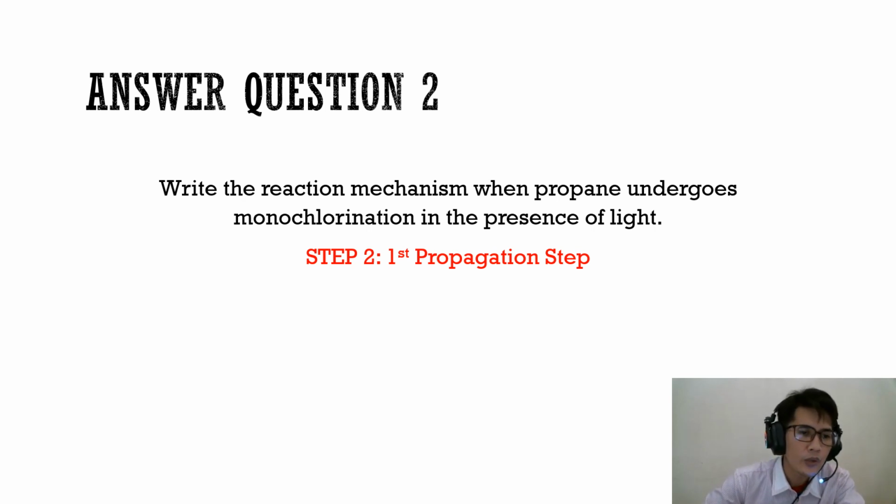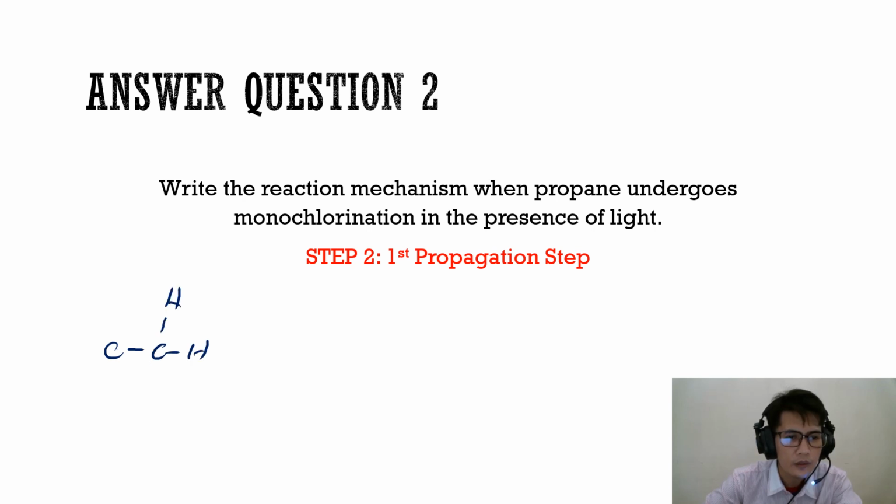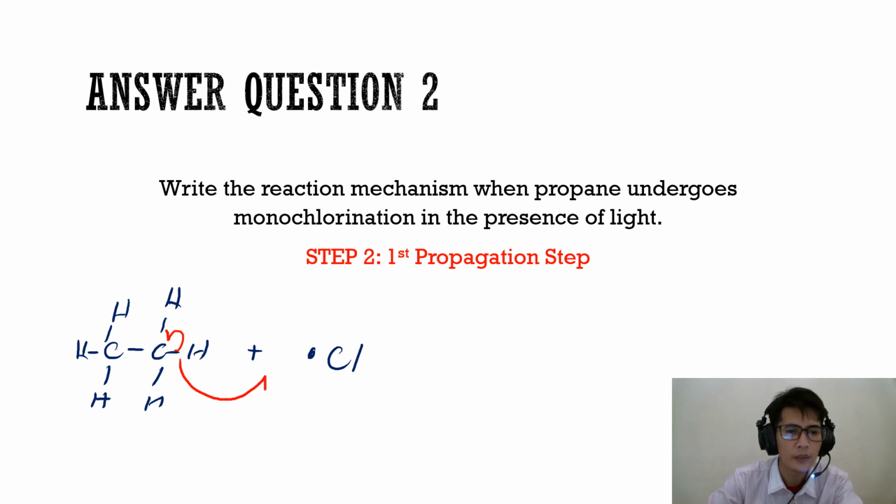We have the ethane molecule CH3CH3, reacting with the Cl radical. So the bond between C and H will break. One of the electrons goes to the C, but another electron will form the bond with the Cl.